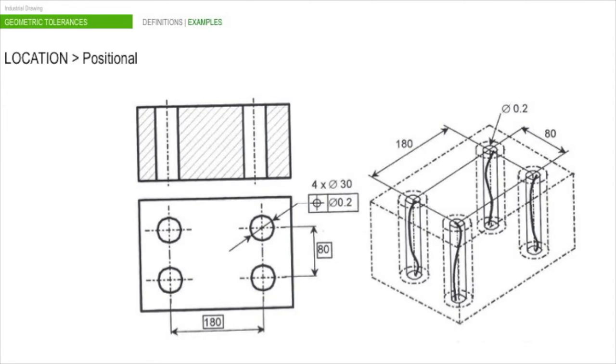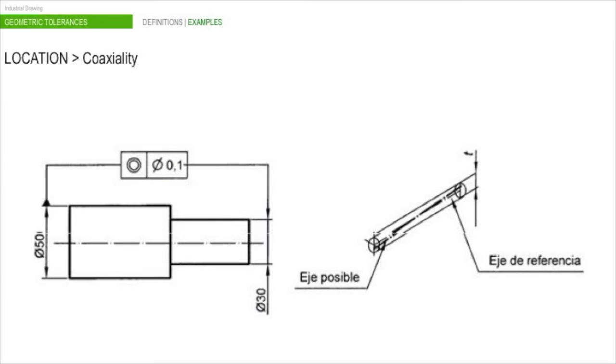In this example, we can see how the 4 holes of diameter 30 mm must be within a cylinder of diameter 0.2 mm.